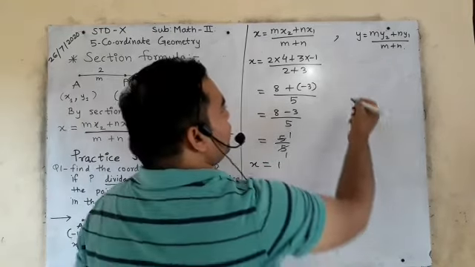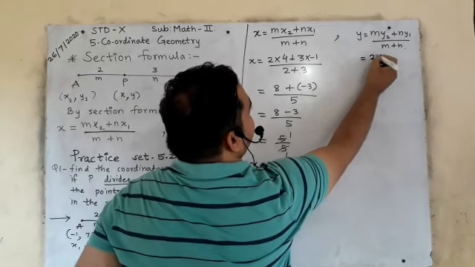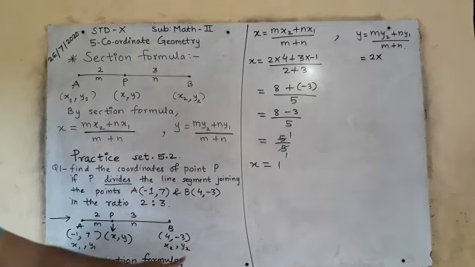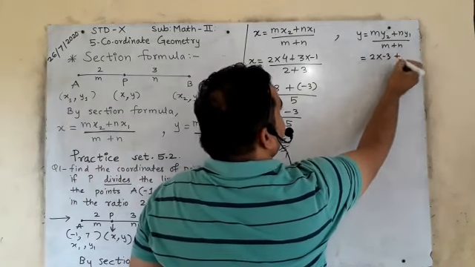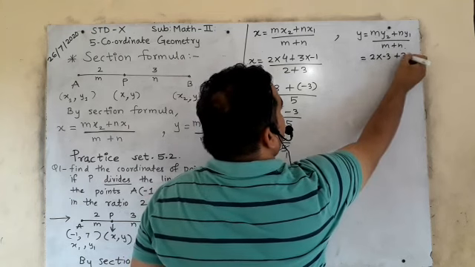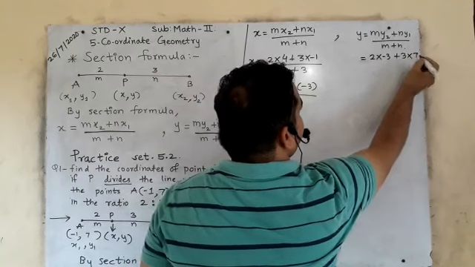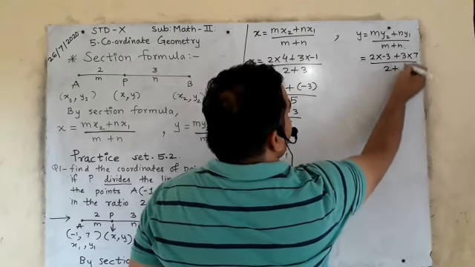Now you will find the y coordinate, that is y is equal to m value 2 multiply by y2. m और y2 के बीच में क्या है? Multiplication. So y2 is how much? -3. So answer will come -6. Okay. So n value how much? 3 multiply by y1. y1 is how much? 7. So answer will come. This is m value 2 plus n value 3.